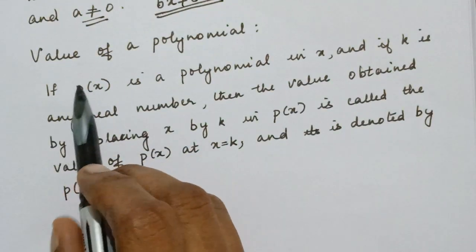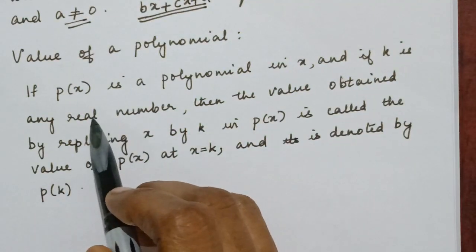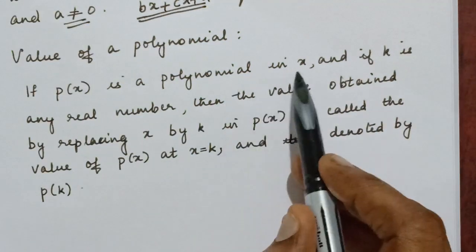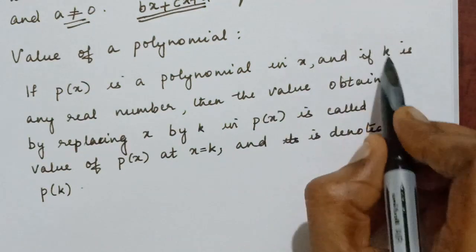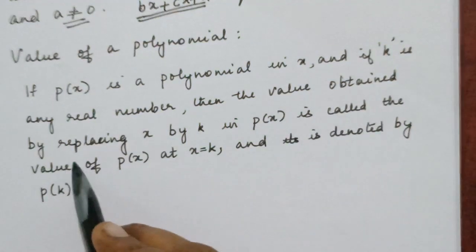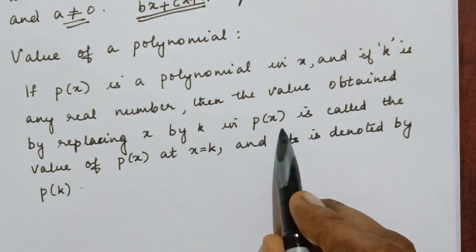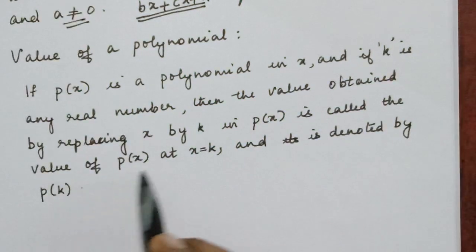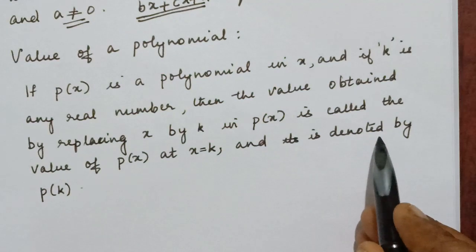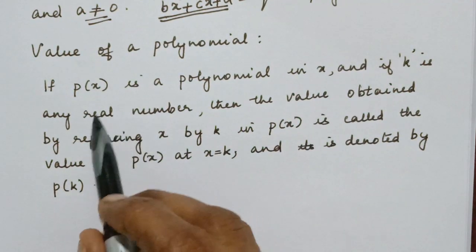Now we will see how to find out the value of a polynomial. If p of x is a polynomial in x and if k is any real number, then the value obtained by replacing x by k in p of x is called the value of p of x at x equal to k and is denoted by p of k. I will read one more time.